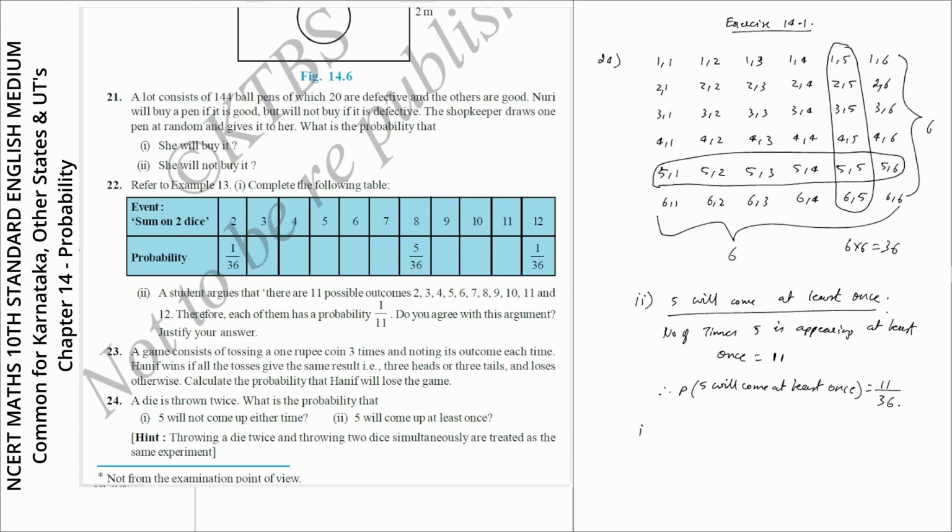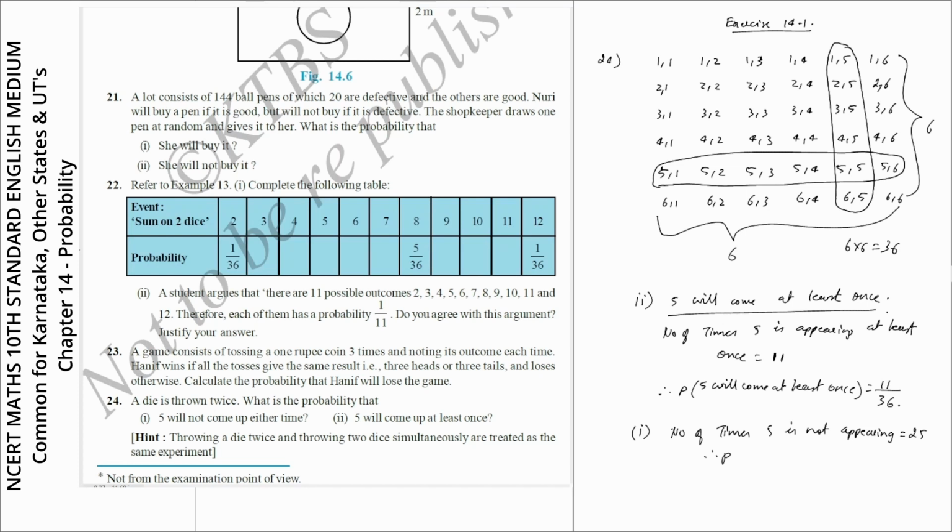Now the first sub question: 5 will not come up either time. Here you can see in all the rest of the cases 5 is not coming. If you manually count, it comes up 25 times. The number of times 5 is not appearing is equal to 25.